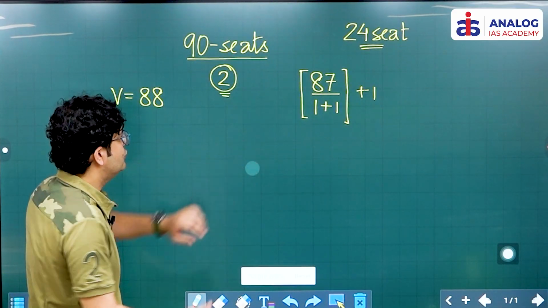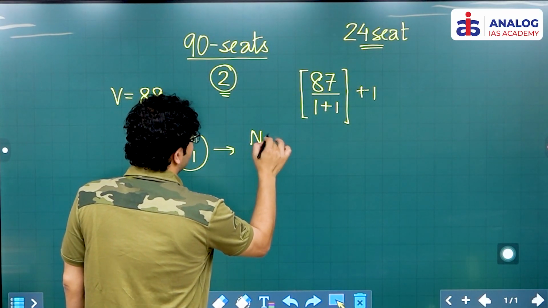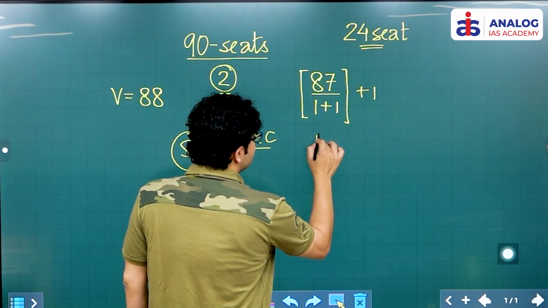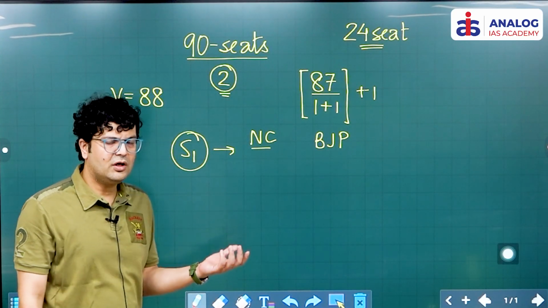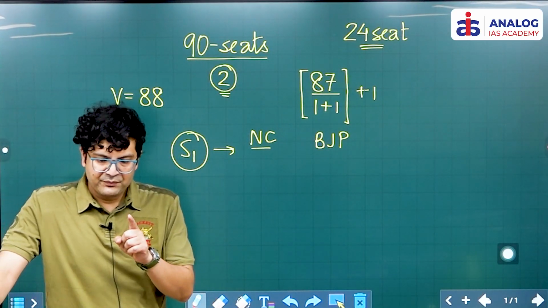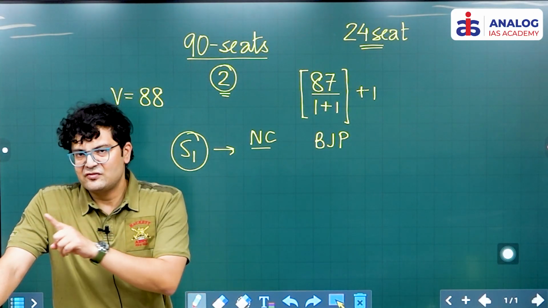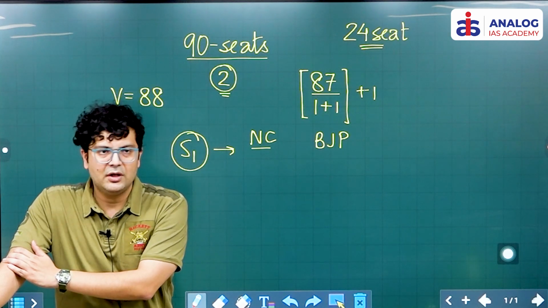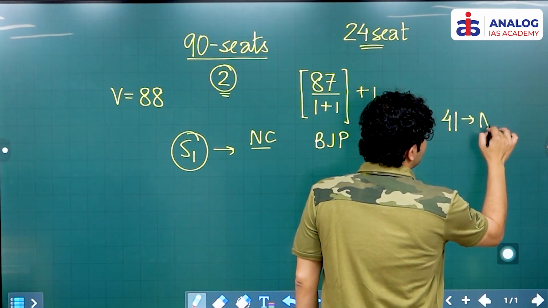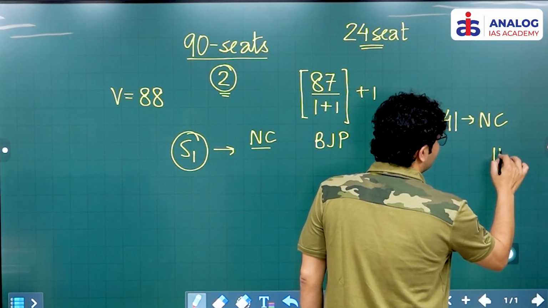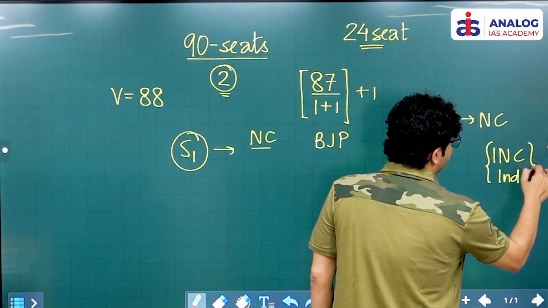So we are now referring to seat 1. In seat 1, NC had a candidate and BJP had a candidate. Of course, NC got 58. Why? Because we have 41 MLAs from National Conference, the party of Omar Abdullah, plus Congress and a lot of independent candidates were supporting National Conference.